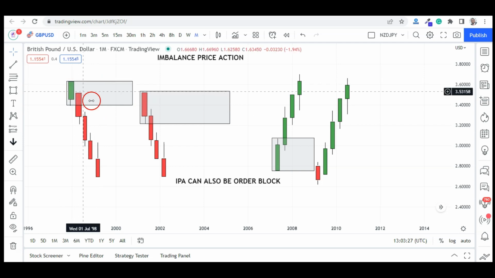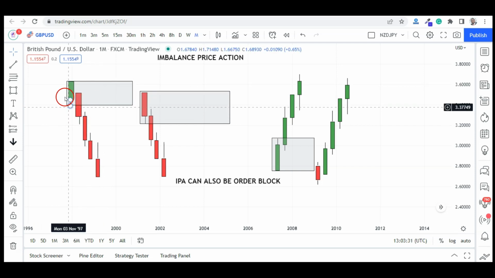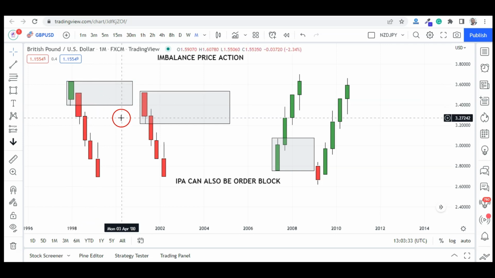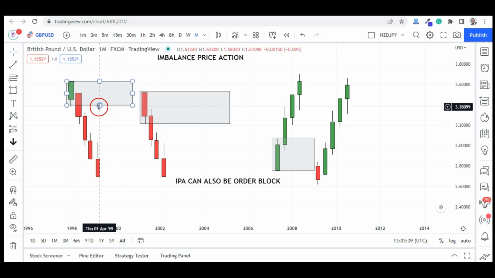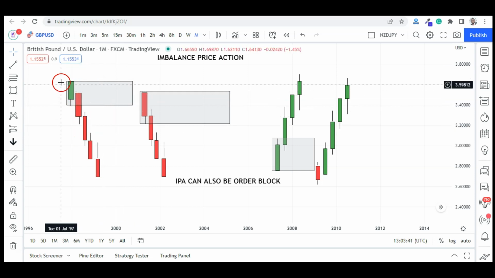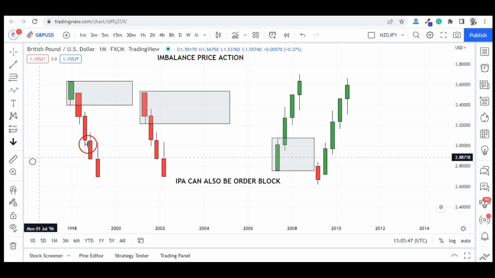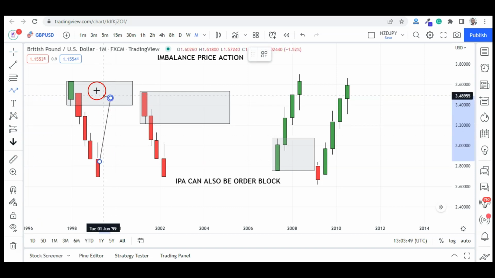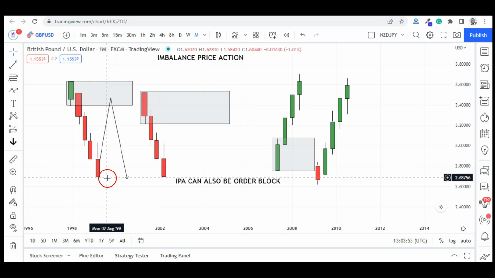So this candle closes the fair value gap, and that means an IPA can be either a bullish candle or a bearish candle. It doesn't matter, as long as that candle closes the imbalance, it is an IPA, and in this case it is your order block. So it makes sense for you to look for a trade once price trades in here, and then look for a bearish move.